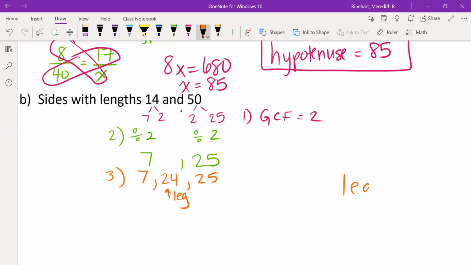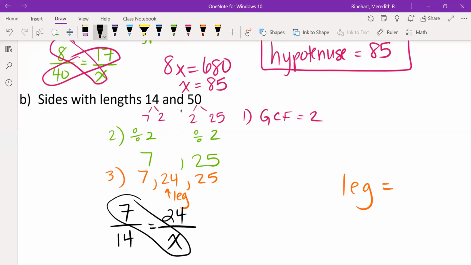I'm just going to write leg equals here for our ending result. And now we're going to set up a proportion. I'm going to use the first length. So 7 over the original length, which is 14, equals 24 over what we're trying to find, which is x. Cross multiply here, we get 7x equals 14 times 24, which is 336.